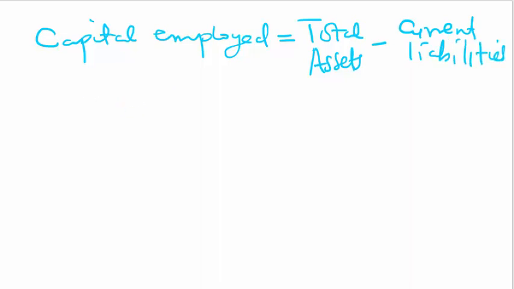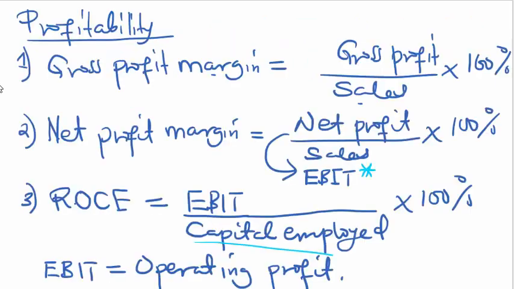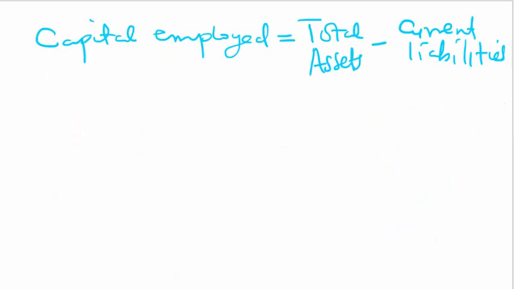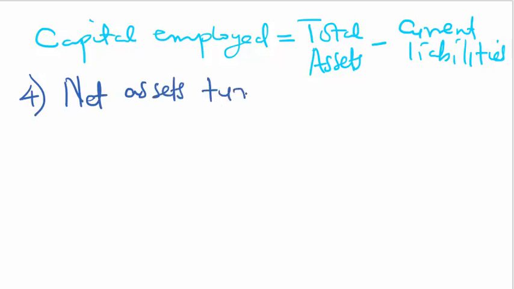but the fourth one to do with profitability, or that helps you assess your profitability, is your net assets turnover, and your net assets turnover is calculated as your sales revenue divided by your capital employed.